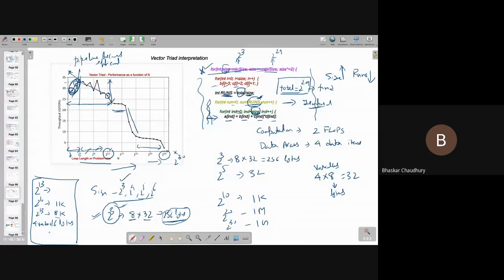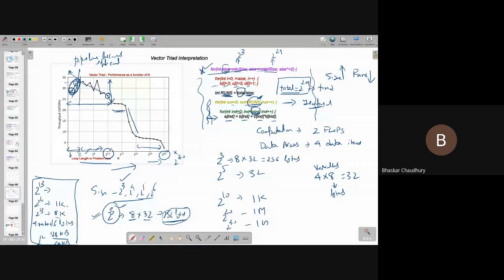How much is that? 128 KB, right? I did it correctly. Yes, I didn't make a mistake. 128 KB, and less than that is 64 KB. The next point, 2 to the power 12, will be 64 KB.